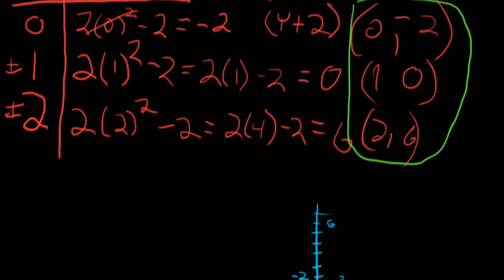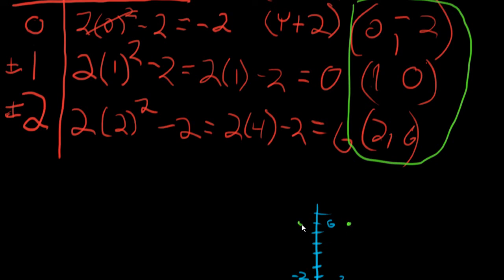Okay, so 0, -2, 1, 0, and because it's negative, it ends up on that side also, and 2, 6.